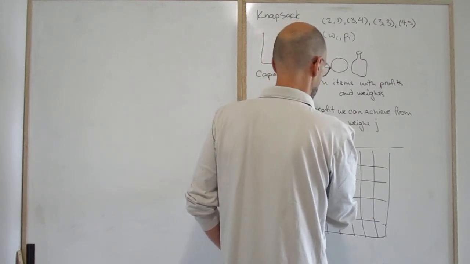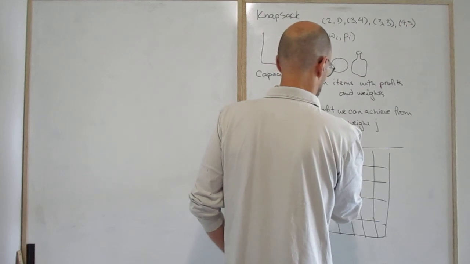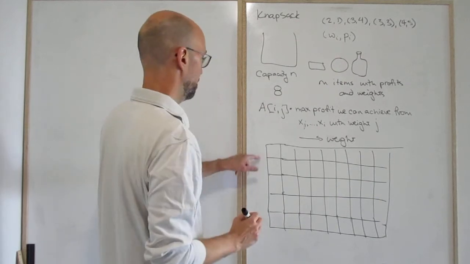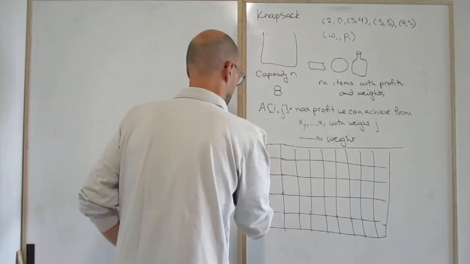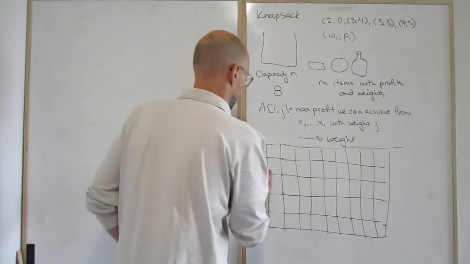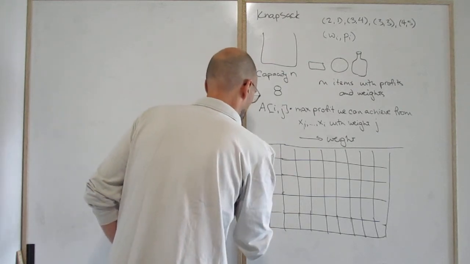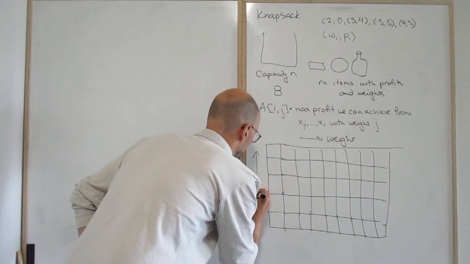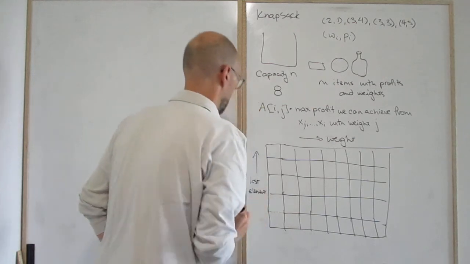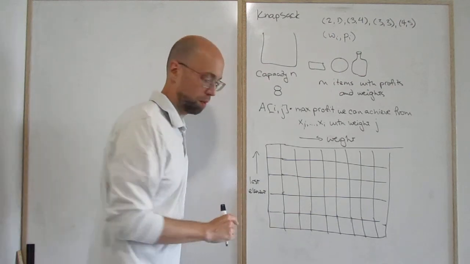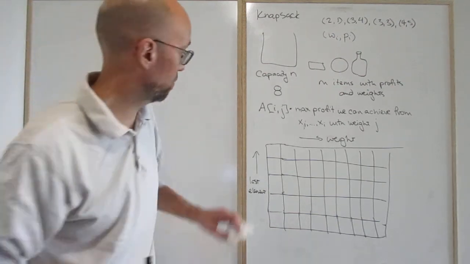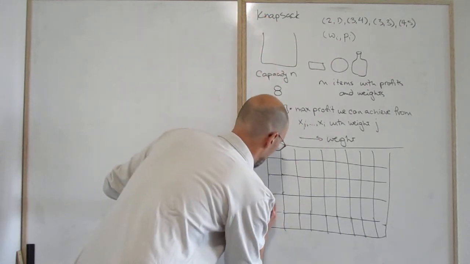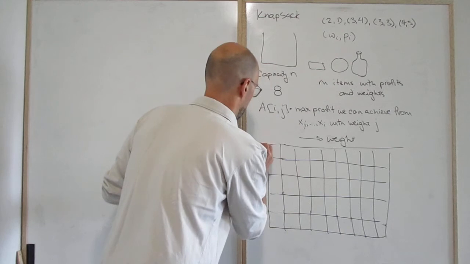This dimension is weight. And this dimension is size of the prefix we're considering. So this is 0, 1, 2, 3, 4.